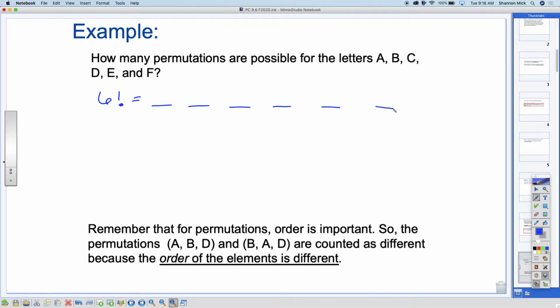I have 6 spots, right? When I go to place the first letter, I have 6 letters to choose from, yes? And then how many do I have? 5. Then I have 4, 3, 2, 1. Take notes. Maybe that'll keep you awake.